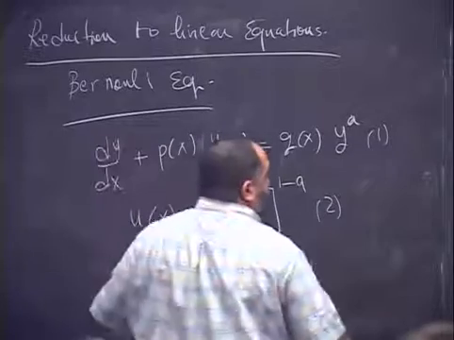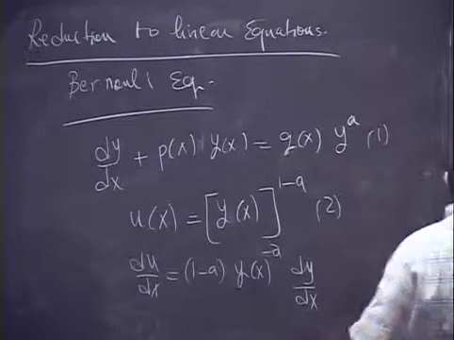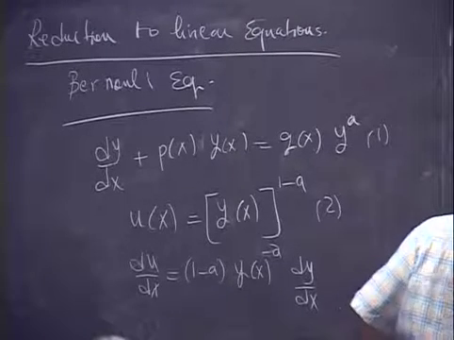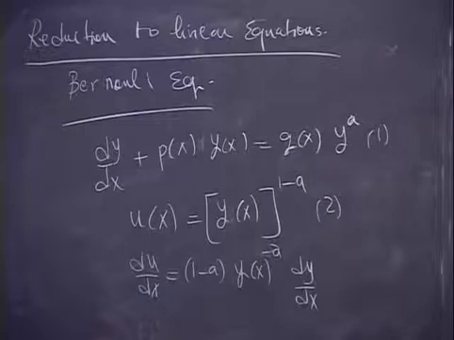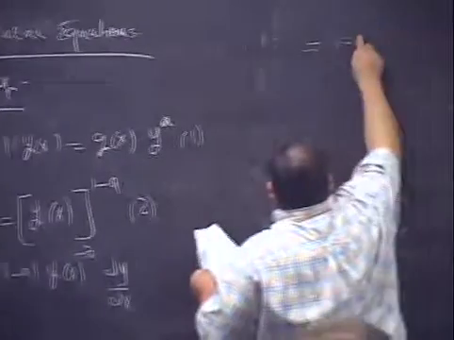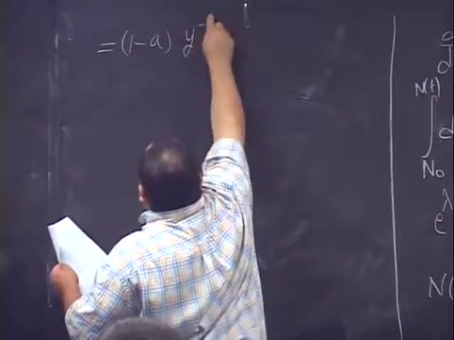And you can rewrite this again as 1 minus a multiplied by y to the power of minus a multiplied by dy by dx.